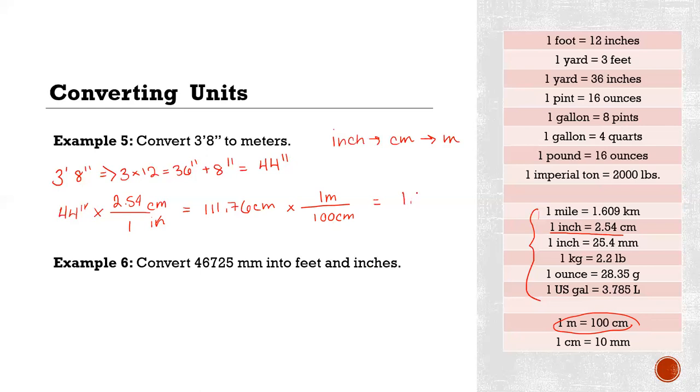So 1.1176 meters. This one is really hard to know how many decimals to keep because it's a different type of measurement. You don't use decimals with them typically. So what I would probably do is I would say 1.12 meters. I'd keep a little bit of extra.